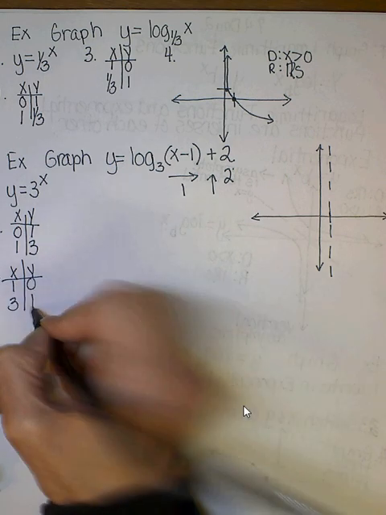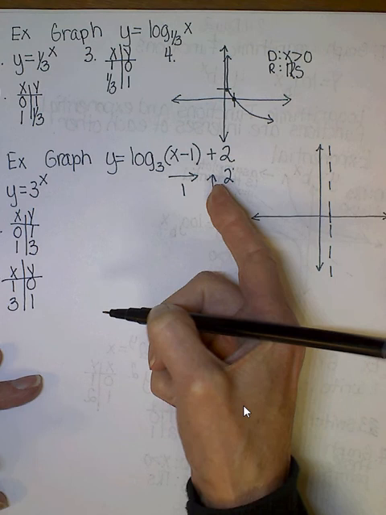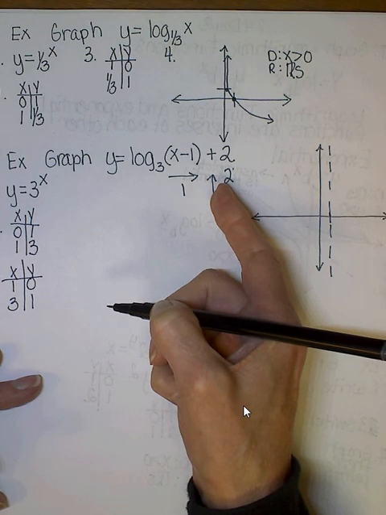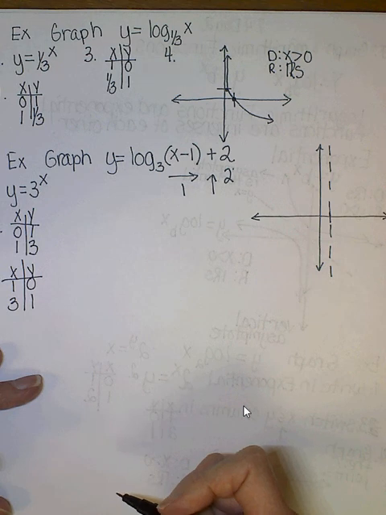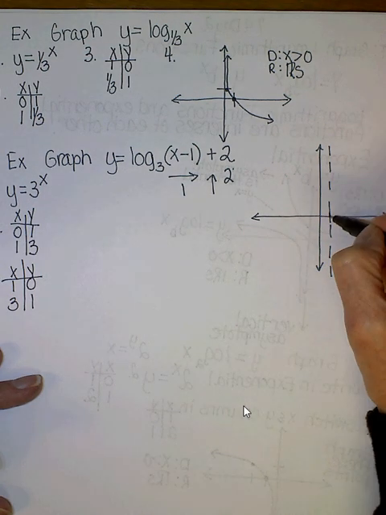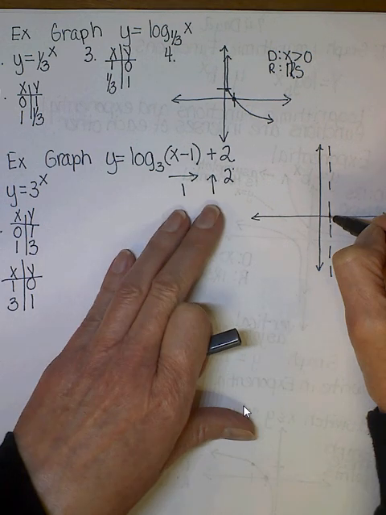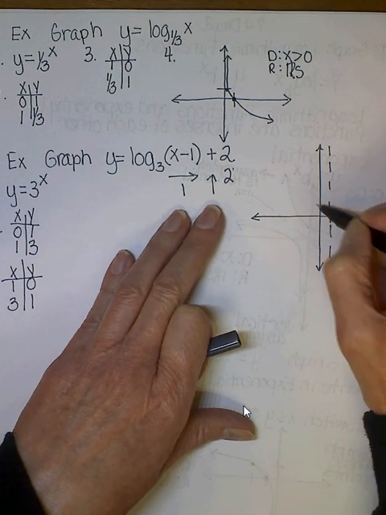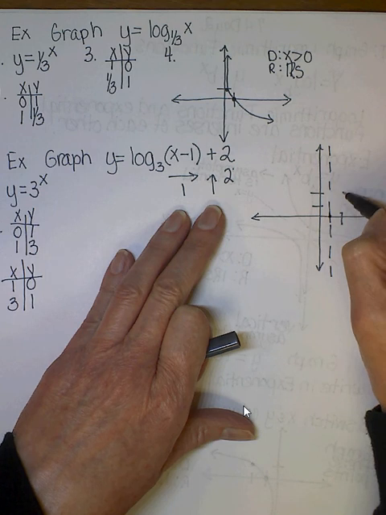But I still need to do these transformations. There's a couple of ways you can do this, and I'm going to show you both. This point, (1, 0), would be right here. But these transformations tell me to move it 1 to the right and up 2, so I can just plot it right here. Don't plot it right there.